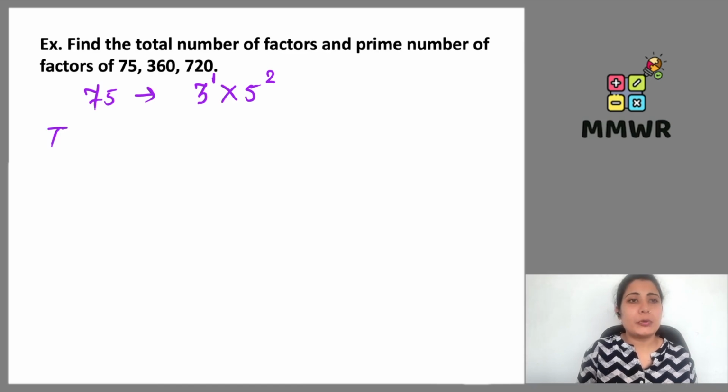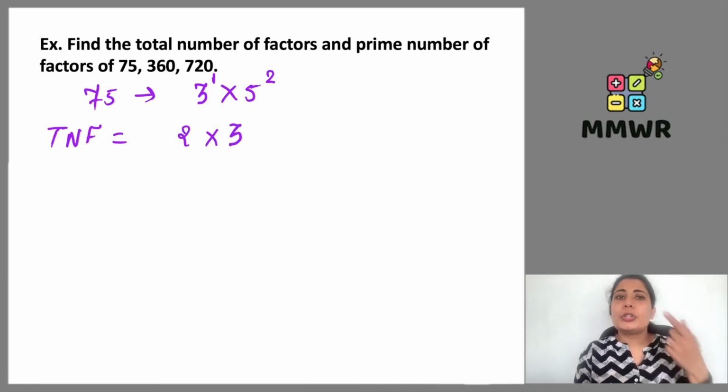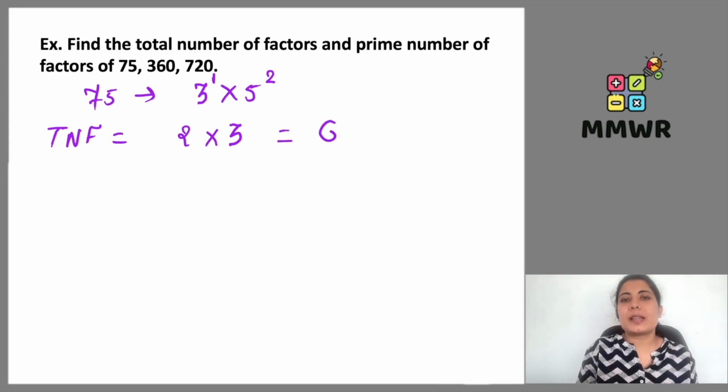Now we have to find the total number of factors, and for that we take the successor of the powers. So 1 will become 2, 2 will become 3, and 2 3s are 6. This way, we got to know the total number of factors of 75.